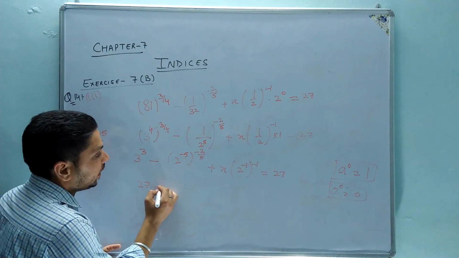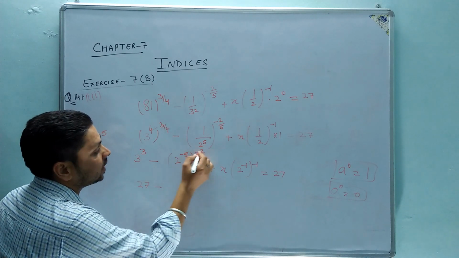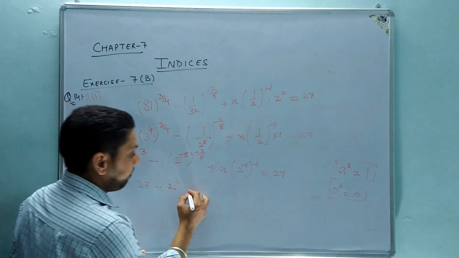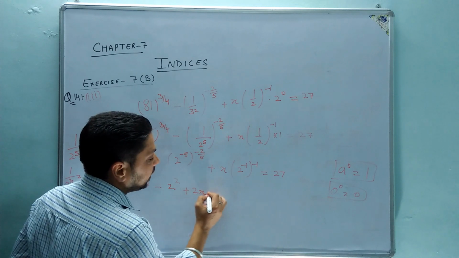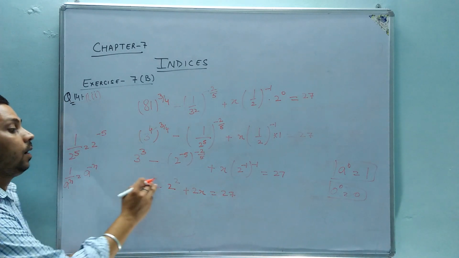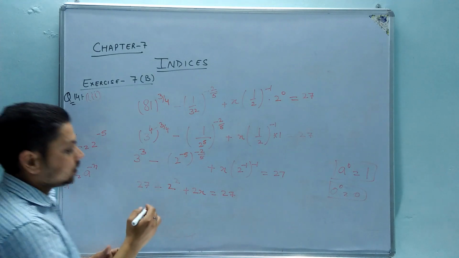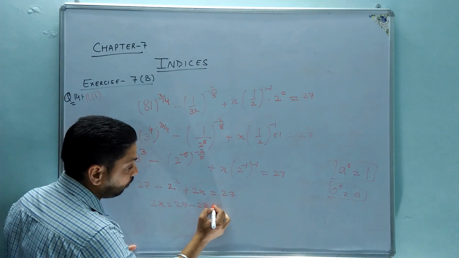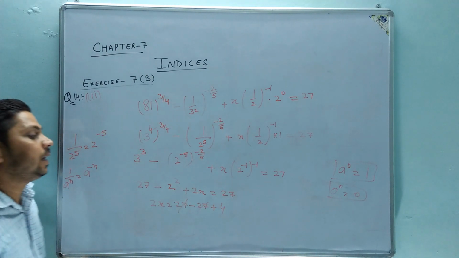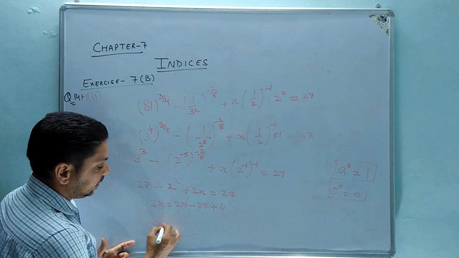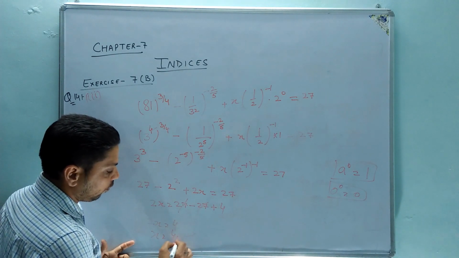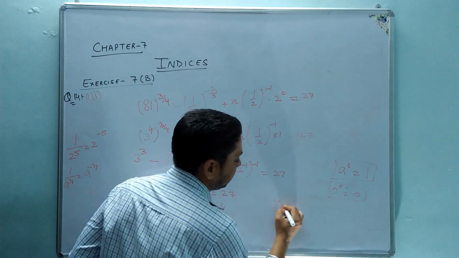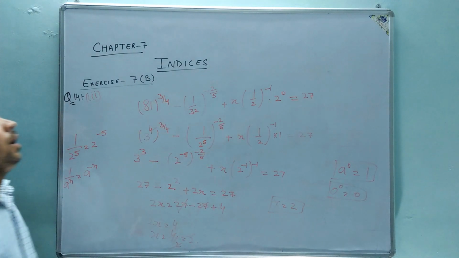Now 27 minus, this will get cancelled, 5 minus minus plus, 2 raised to power 2 plus 2x is equal to 27. Take the constant term on the other side: 2x is equal to 27 minus 27 plus 4. This will get cancelled, so 2x is equal to 4, x is equal to 4 over 2, x is equal to 2 is the answer.